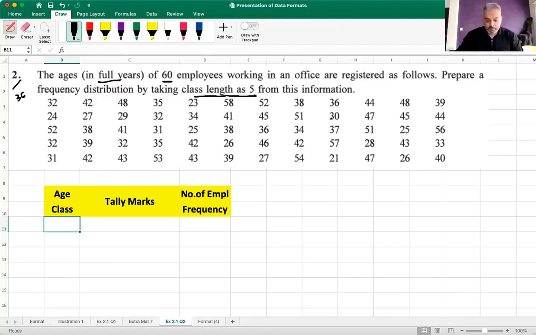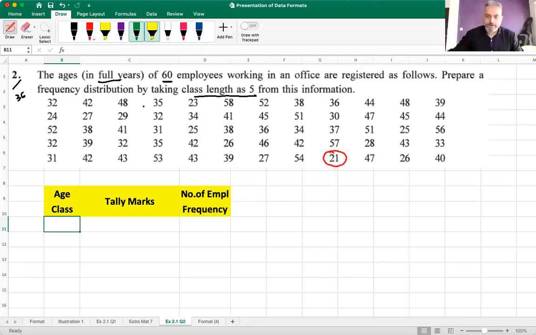Now, over here, first you find out which is the minimum observation. सबसे मिनिमम ऑब्जर्वेशन कौन सा है वो फाइंड आउट करो. Can you tell me which is the minimum observation? 21. 21 is the minimum observation. Okay.